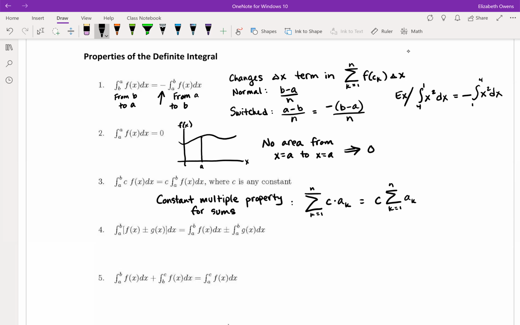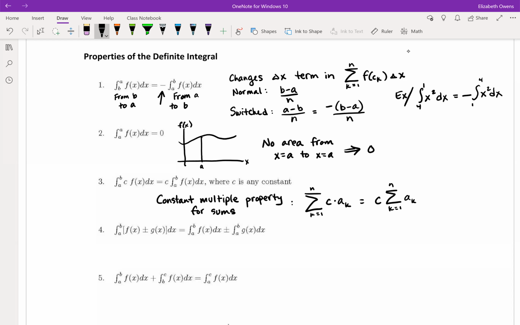Since we now know that integrals are based upon summations, these integral properties are going to match up with a lot of our summation properties. So it works the same way for definite integrals as it did for finite sums. You'll see that in number 4 as well.